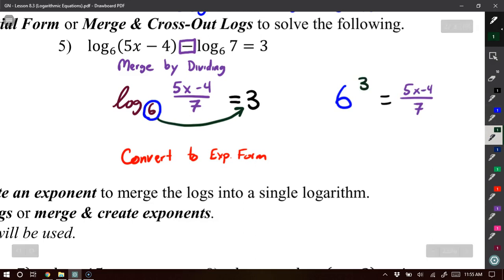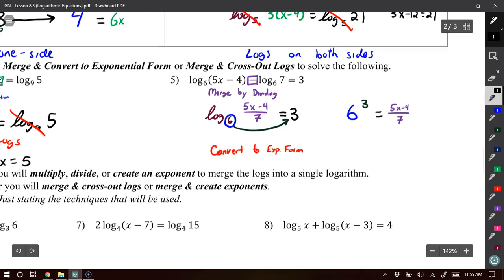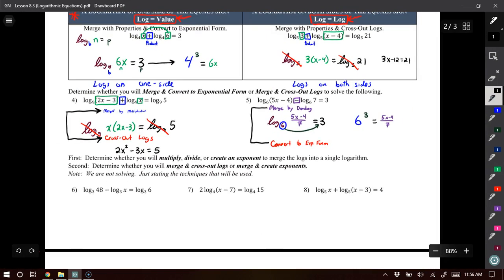So 6 cubed equals 5x minus 4 over 7, and I could solve that if I need to. That's part 3, though. This question asks, what are you doing? I am merging by division, and I'm converting to exponential form. And these continue. Again, we are not solving, we're just stating the techniques. We're trying to build our ability to read and understand the problems first.